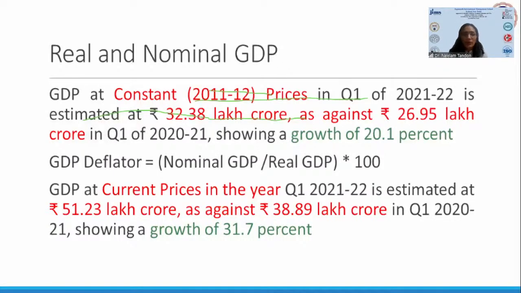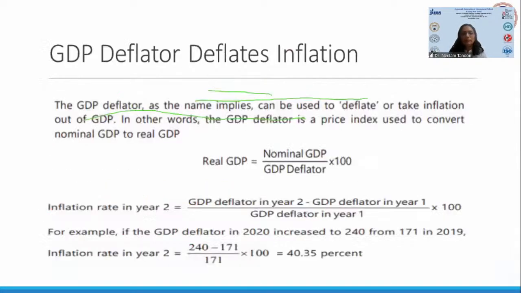But if you calculate real GDP, then you have to take the price for that particular product which was in 11 and 12. So you take the price of 11 and 12 and multiply it with the output of 2022. And that is why you see the difference of 11.6% in the GDP growth rate, because of the price level which has gone up. So real and nominal GDP is clear to all of you.